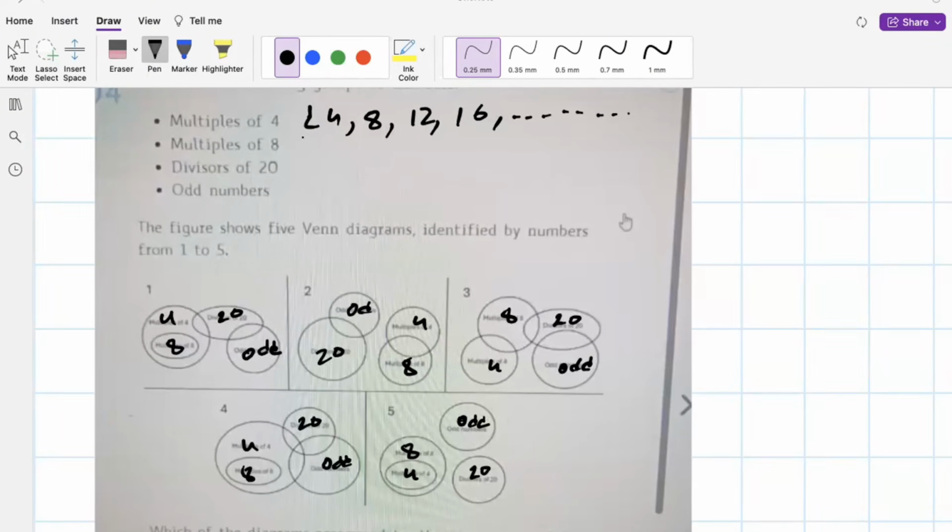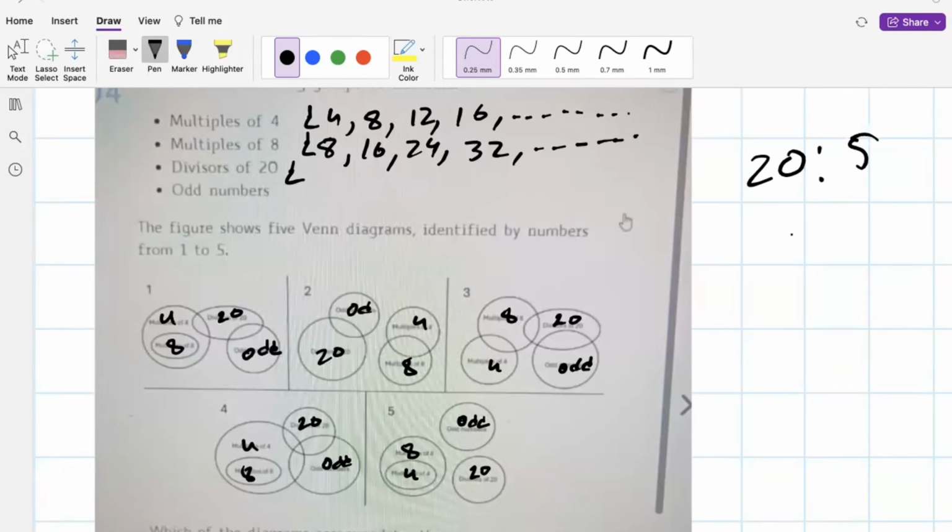The same goes for multiples of 8. These are the numbers that are divisible by 8. It could be 8, 16, 24, 32, and so on. Divisors of 20 are the numbers by which 20 is divisible.